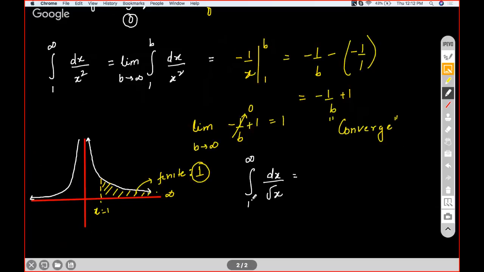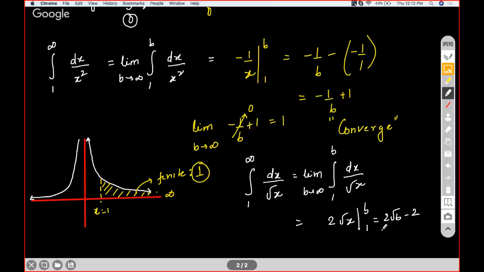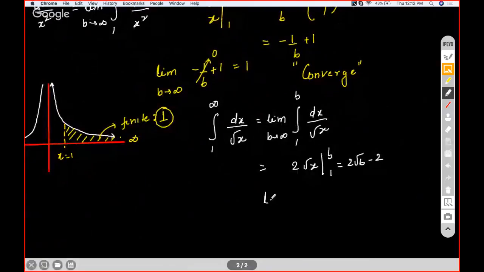Again, we'll write it as integral from 1 to b and limit b tending to infinity. We all know the integration of this is 2 root x. So it will be 2 root b minus 2. Now, as b tends to infinity, you would realize your answer will become infinity.